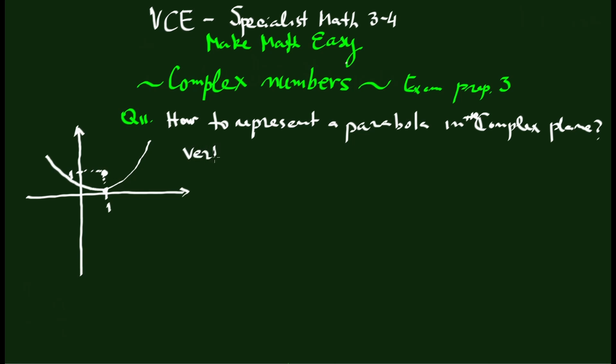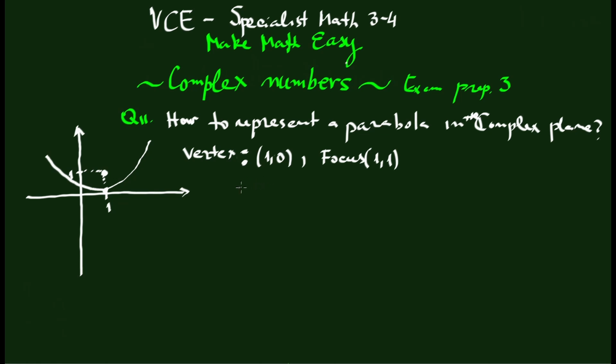So the vertex is the point 1, sorry, 1, 0, that's our vertex, and our focus is the point 1, 1.